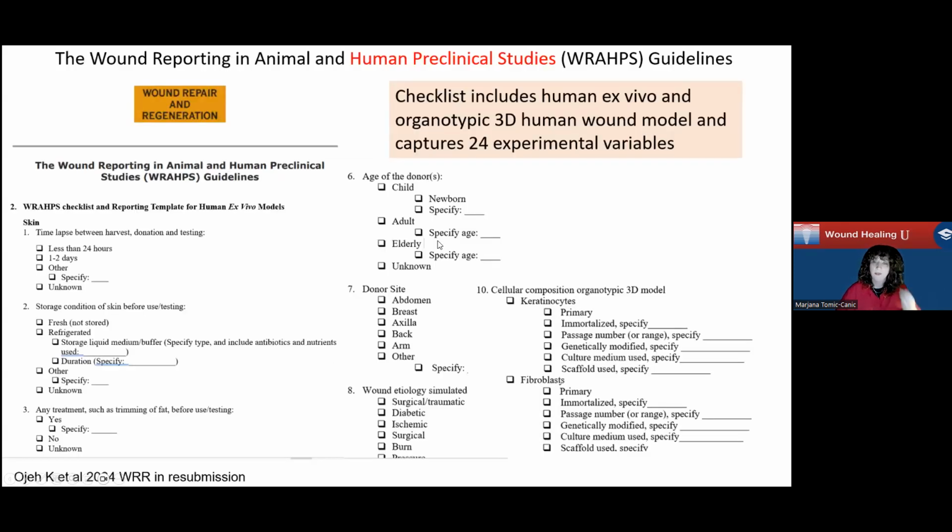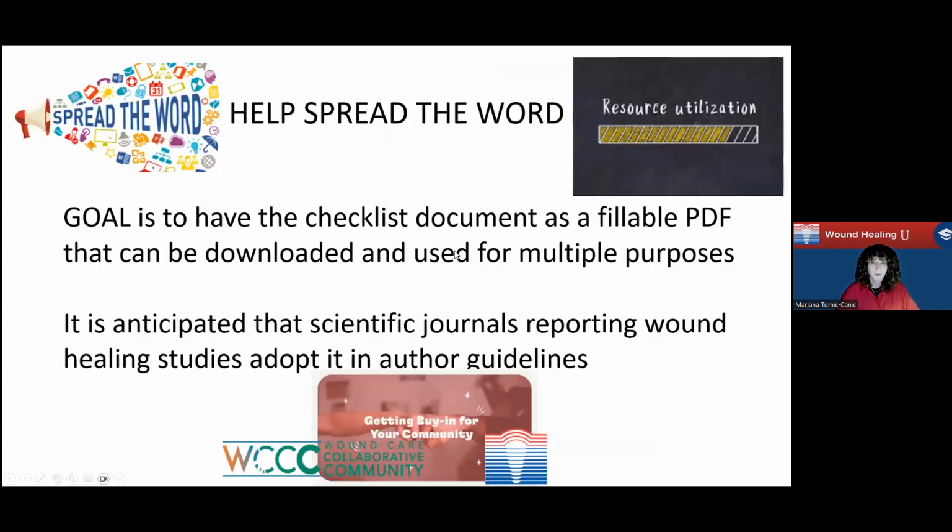I'm just giving you a flavor. This is, for example, the checklist for human ex vivo and organotypic 3D human wound models. This is the idea of how the multiple different variables are captured in this guideline document that will hopefully see the light of day very soon.